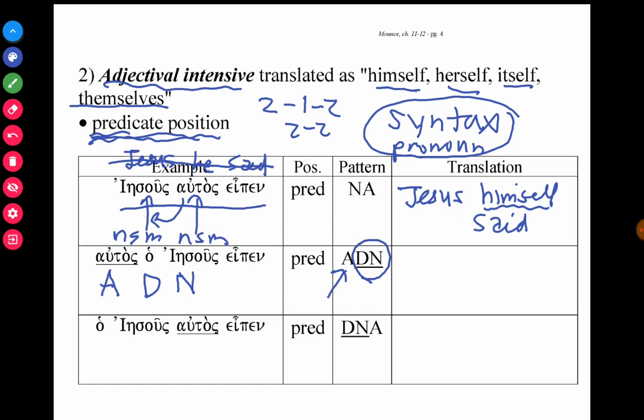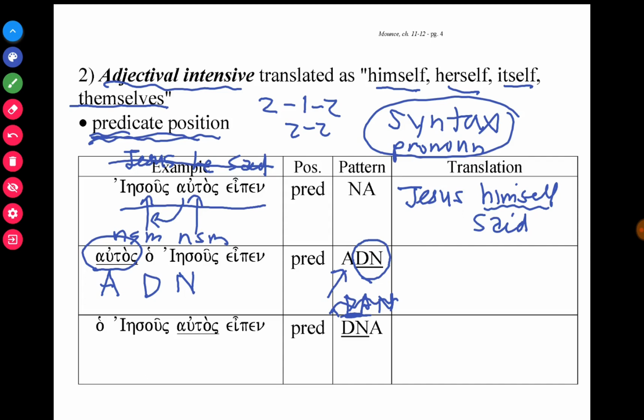And we will learn in the third function that when the definite article is connected to the adjective, or what's functioning in the adjectival position, that's what we call the attributive position. But right now we're learning the predicate position. And when the pronoun autos or its forms is in the predicate position, we will translate it as himself, herself, itself, or themselves, depending on whether the singular or plurals are being used and what gender is being used.